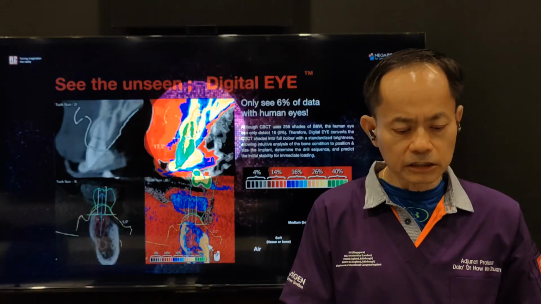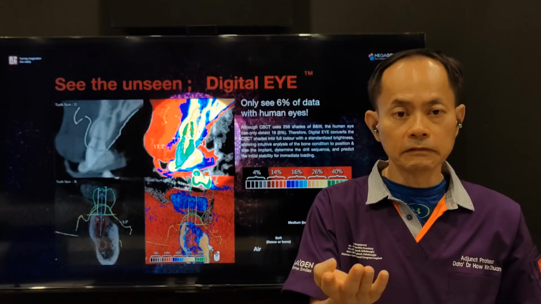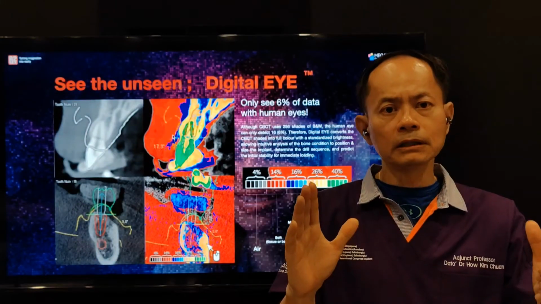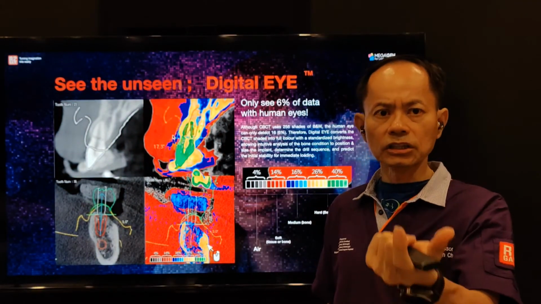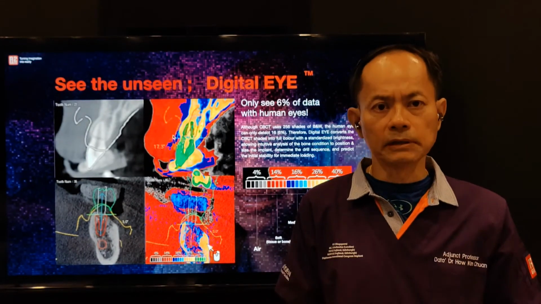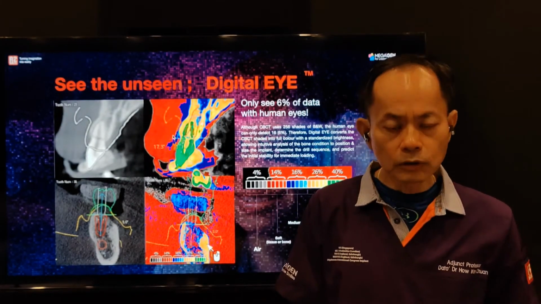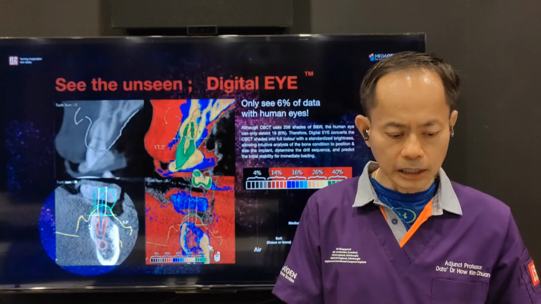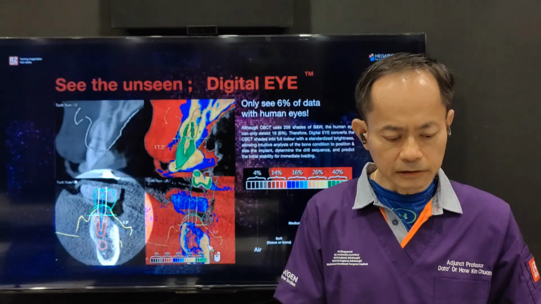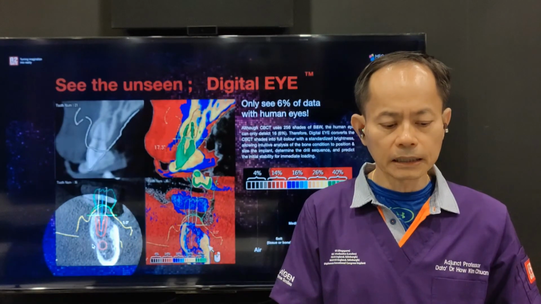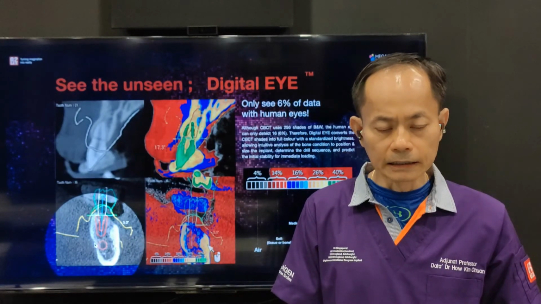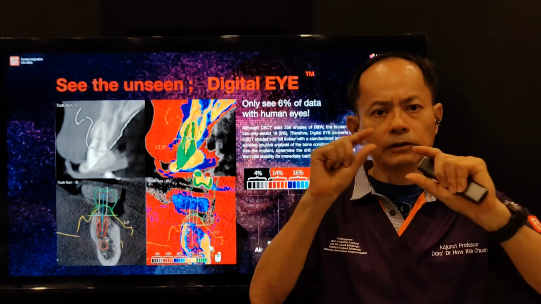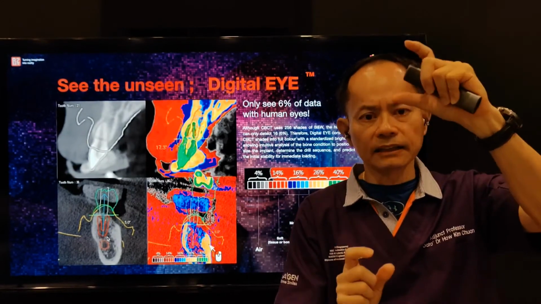From there, we can make a simulation surgery, and from all this color, it can tell me which structure is a lip, which structure is a tooth, whether the bone is hard bone or soft bone, which structure is a nerve, and which structure is a blood vessel. So we can now do a simulation surgery to accurately place the implant, and the AI will tell us the relationship between the implant and the nerve and blood vessel, calculated to the exact dimension.